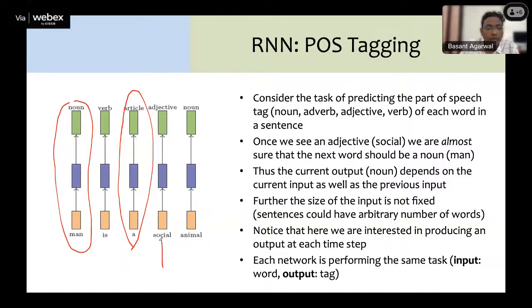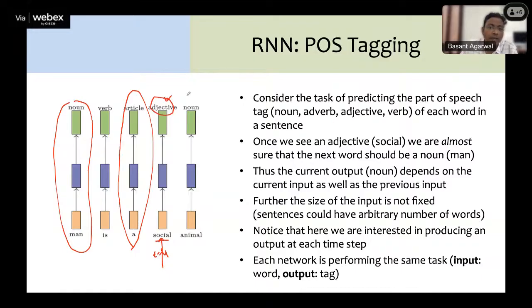At any moment of time, let's say t is equal to 4, if we give "social", it is predicting adjective. We also have to see that this prediction is based on the current input "social", but also on the previous words. This sequential information, or previous information, is very important, because when you know that the predicted word is an adjective, you are very sure that the next word is most likely a noun.